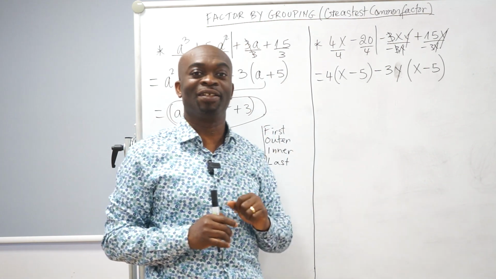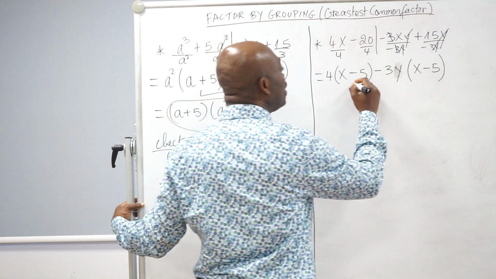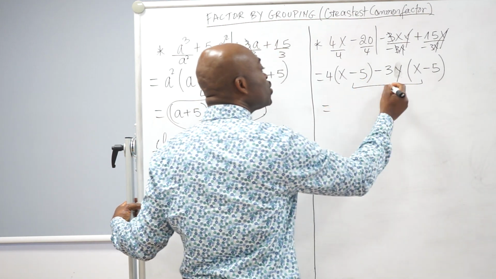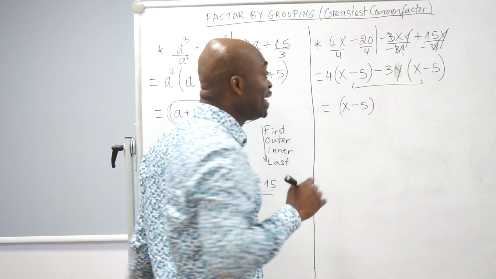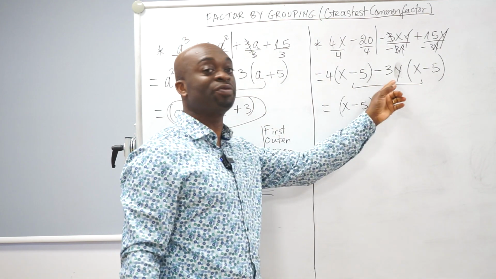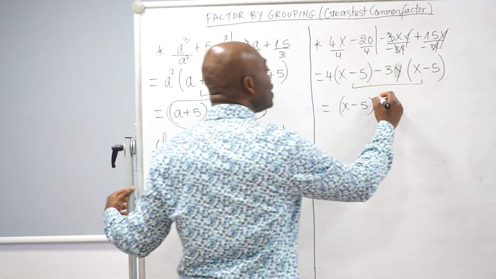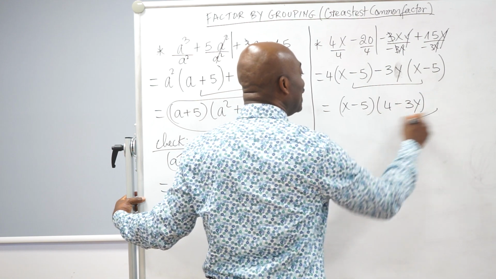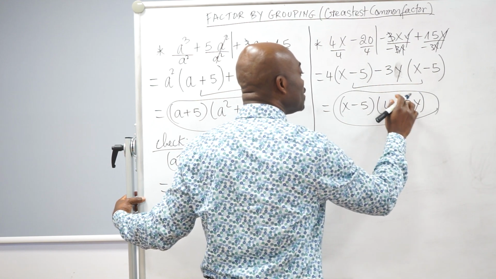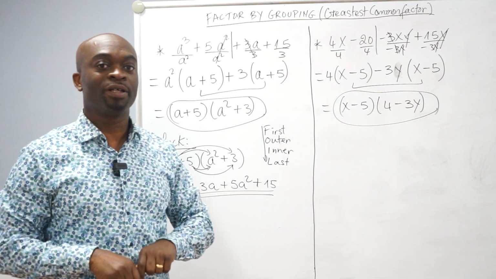You got to check it again. All right? So here we are. The common factor, which is x minus 5, we have it. And whatever is left in front of the parentheses, we put together. That would give us 4 minus 3y. And then you are finished. Okay? So you are done.